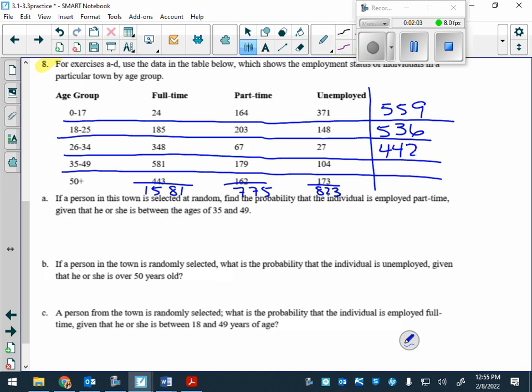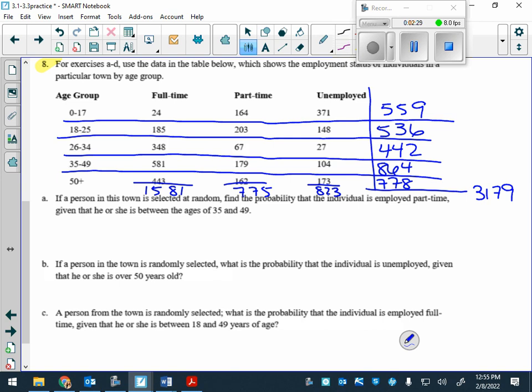Good. Okay. 35 to 49. Harris? 864. And 50 plus. Louise? 778. Making a total 3,179 that were surveyed. Okay?